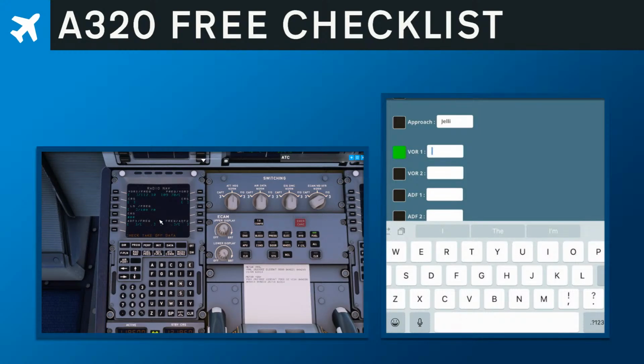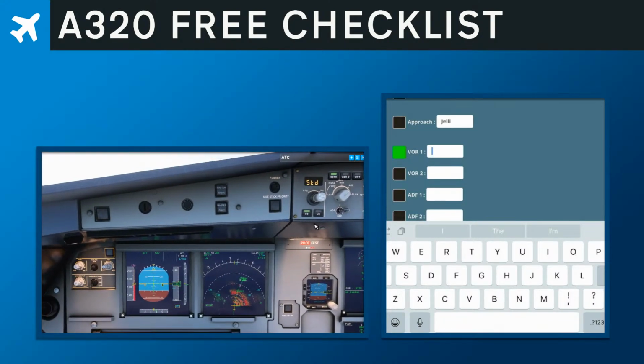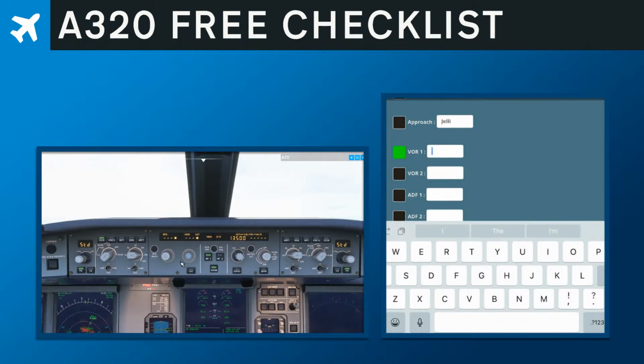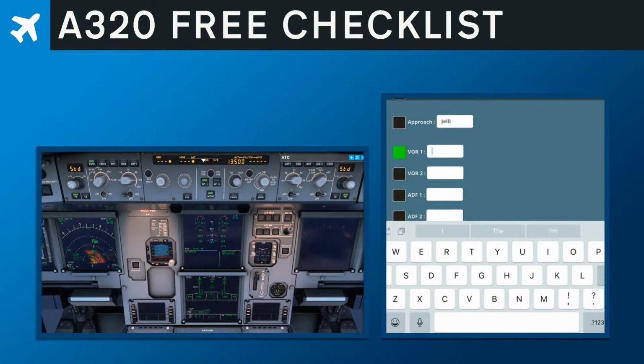Okay, that's fine. So now if we go back up to the top, we need to tune VOR and ADF. Okay, so we've got about 101 nautical miles to go showing down there.